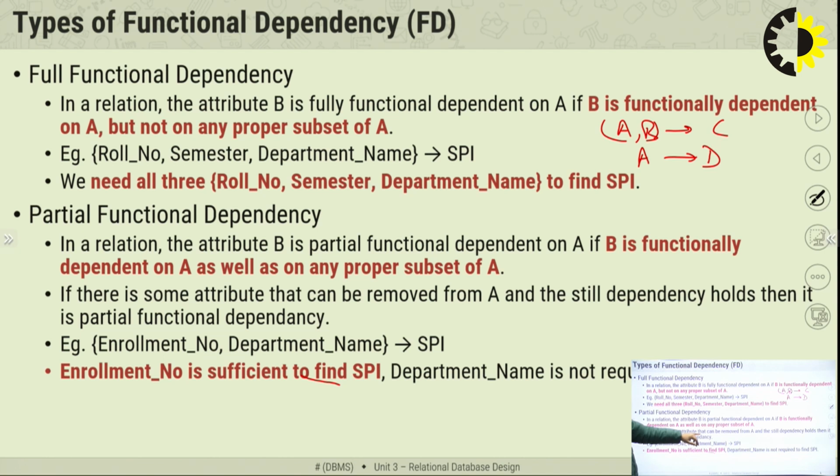If some attribute can be removed from A and the dependency still holds, then that is known as partial dependency.